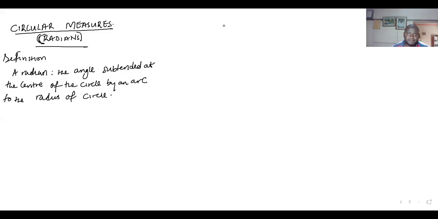Now, if you look at this, this is a circle. According to that circle of ours, we have an arc. Perhaps the center is O. We have a point here, P, and then we have this point Q. So this is an arc PQ.